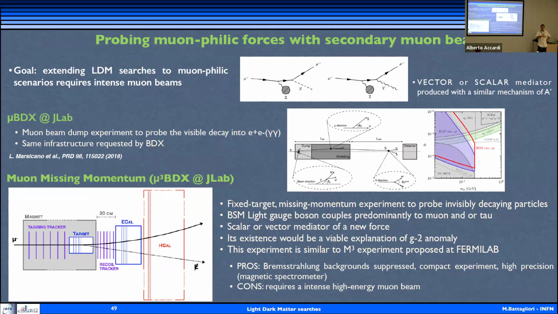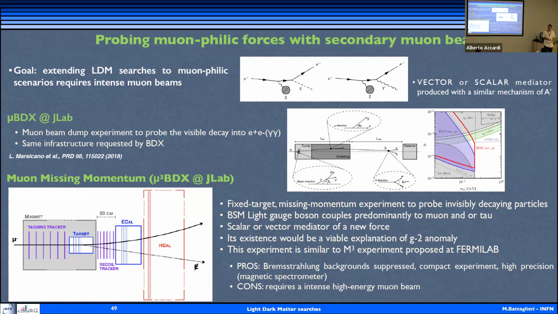You may think to produce muons, because in the dump you have secondary beams produced: muons, neutrinos, neutrons, etc. You can take advantage of these muons to probe a different interaction, assuming that the dark matter is not coupling to electrons, but is coupling only to muons.